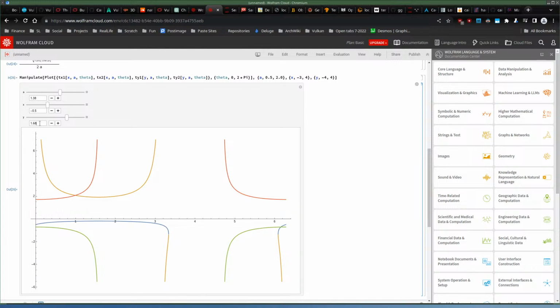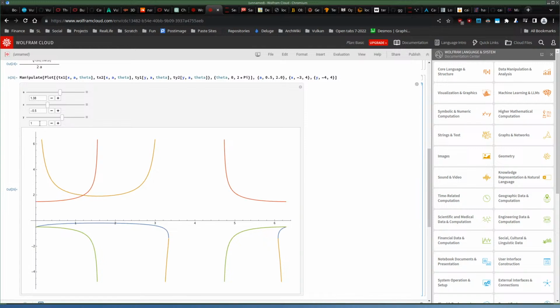And this one is almost 1. Yep, that's about true. A little bit more, I guess. Yeah, no, something like that. Works for me.